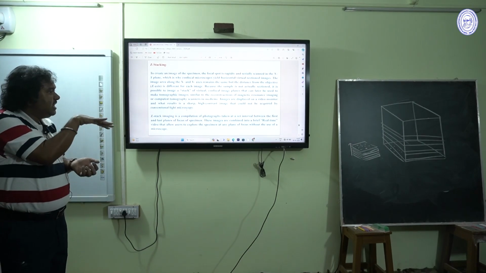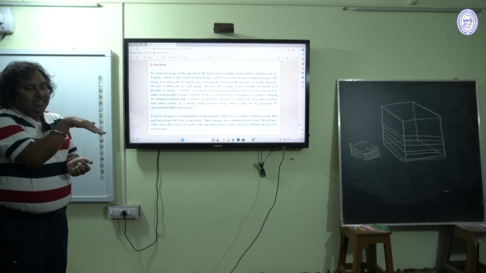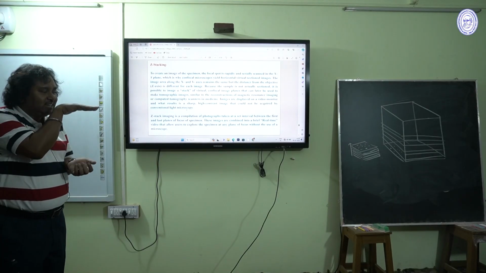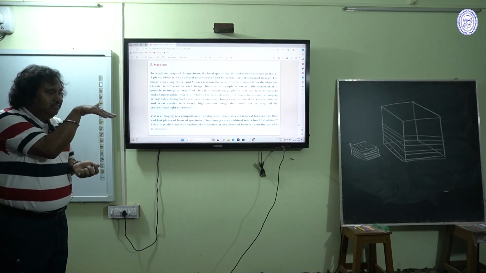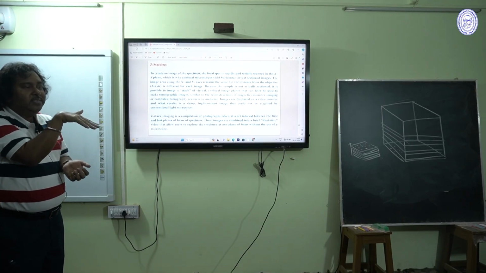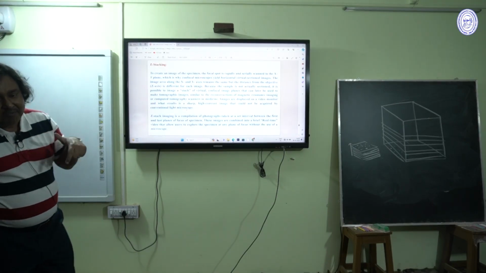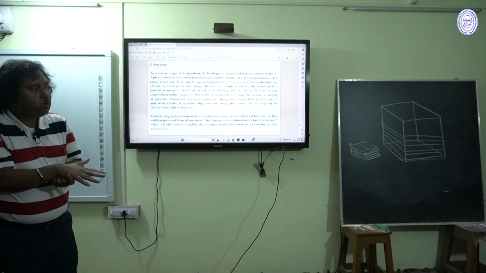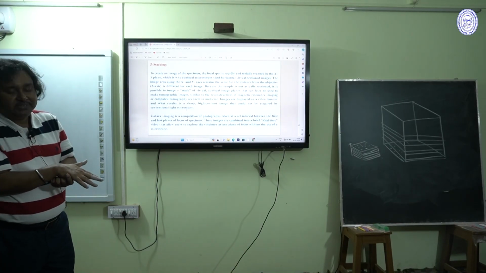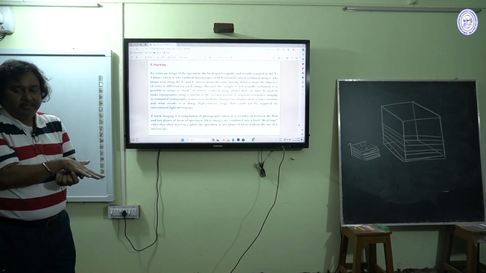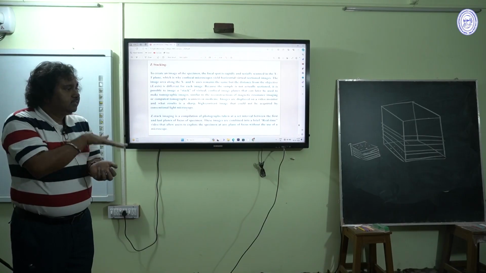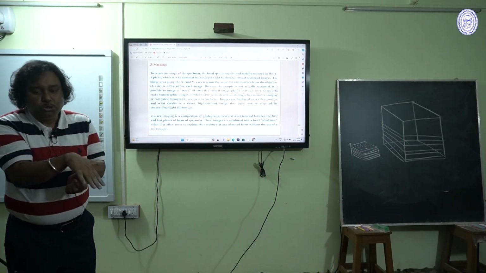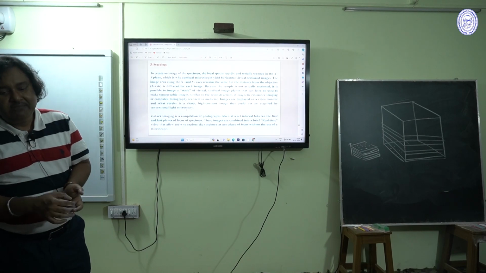Here the sectioning is done virtually, not like the sectioning that is done in transmission electron microscope with the help of ultramicrotome. Here only the virtual sectioning of the specimen is done, and thousands of images are used to create a 3D image.